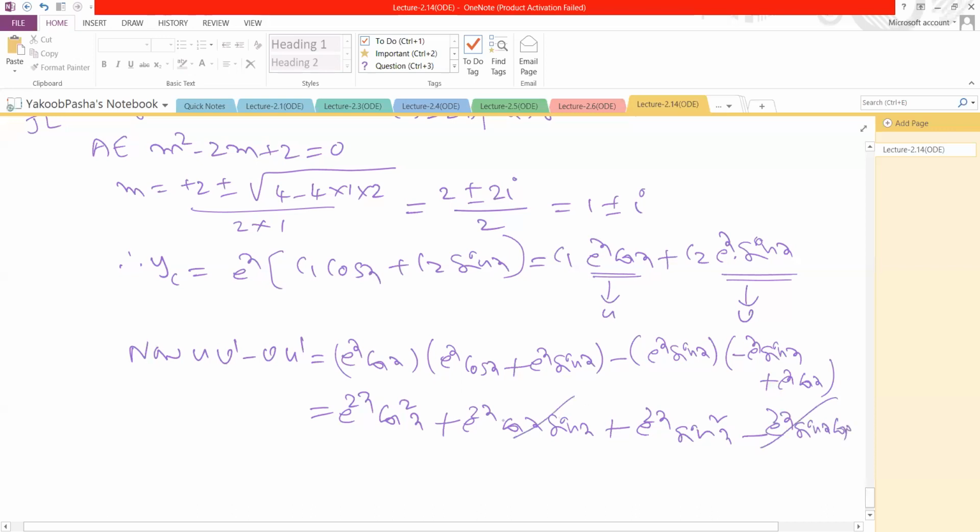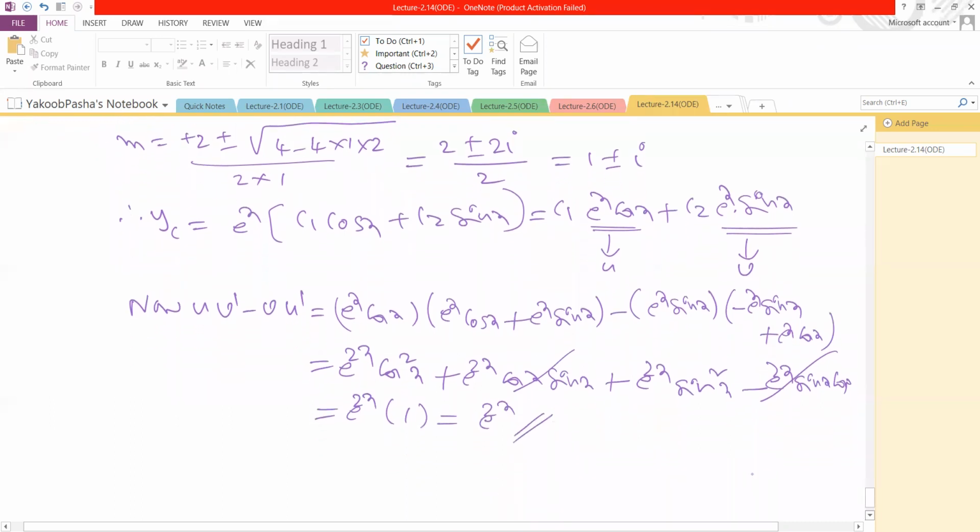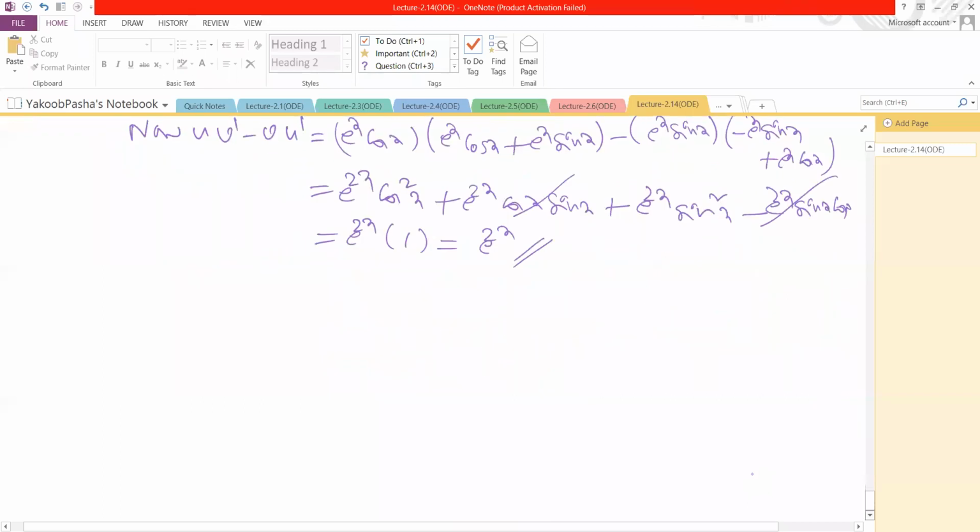This term will be cancelled. So we can take e power 2x as common. So e power 2x of remaining cos square x plus sin square x becomes 1. That is e power 2x. This is the value of u v dash minus v u dash.